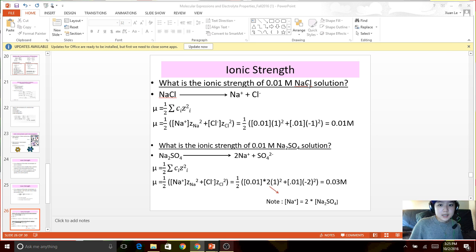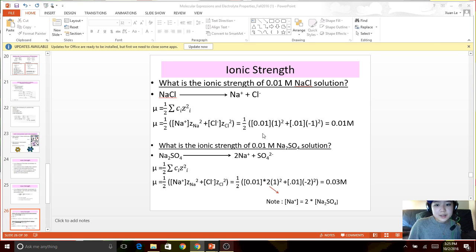So here are some examples of that. For a 0.01 molar NaCl solution, what we're going to do is add up the ionic strengths of the species.